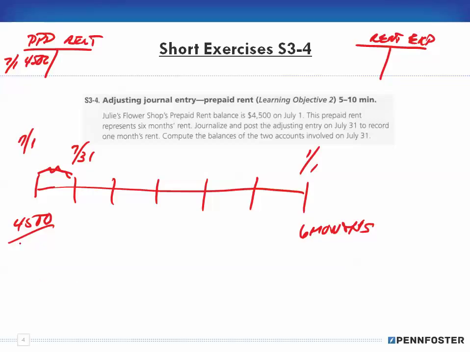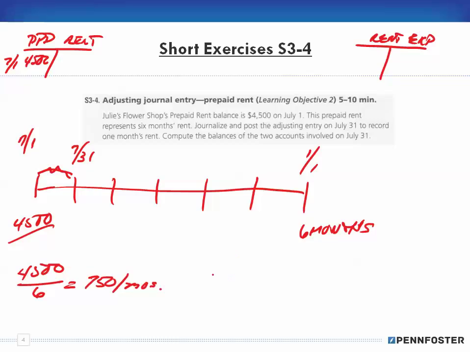So if I have $4,500 and that represents 6 months of rent, I'm going to divide 4,500 by 6, and that's going to give me $750 per month.